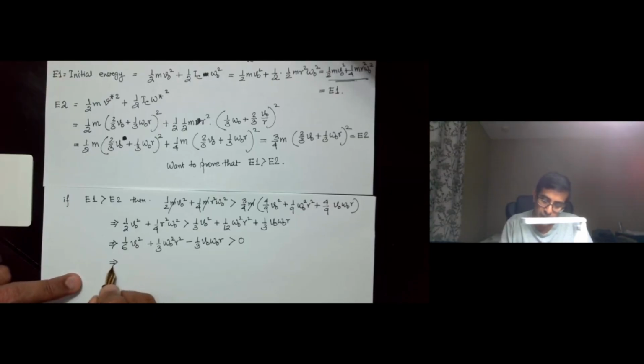So let me just multiply the expressions by 6. So we are going to have V naught squared plus 2 omega naught squared r squared minus 2 V naught omega naught r is greater than 0.